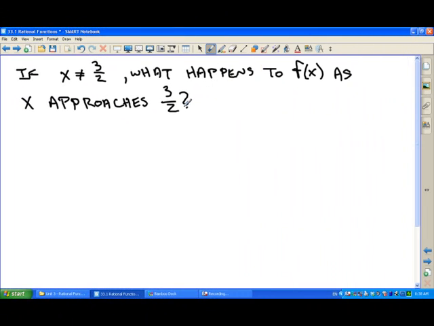Just a question for us to think about. If x cannot equal 3 halves, what happens to the function as x approaches 3 halves? We can think of this two ways. We can think of this as x approaches 3 halves from the left, and as x approaches 3 halves from the right.